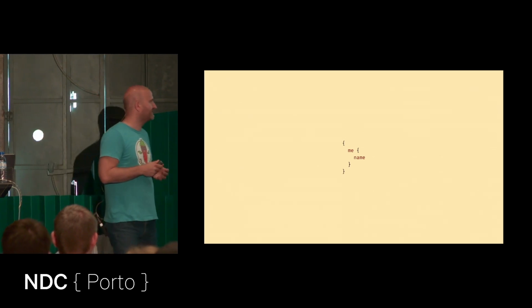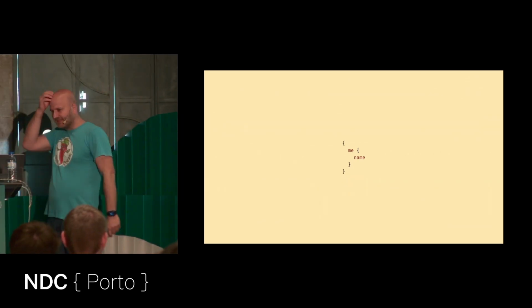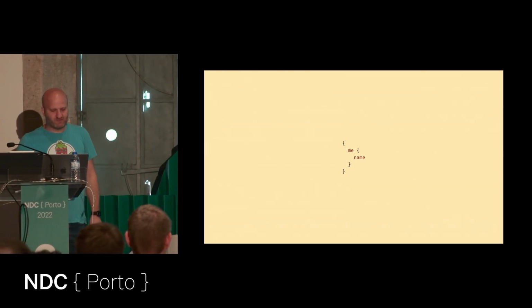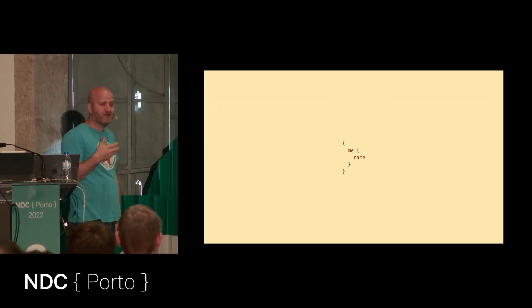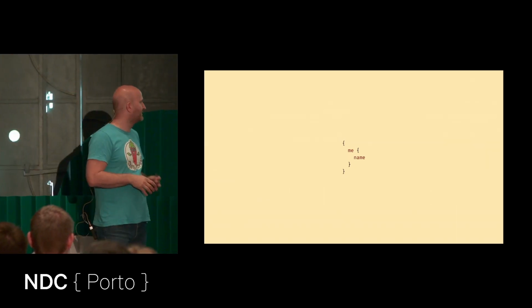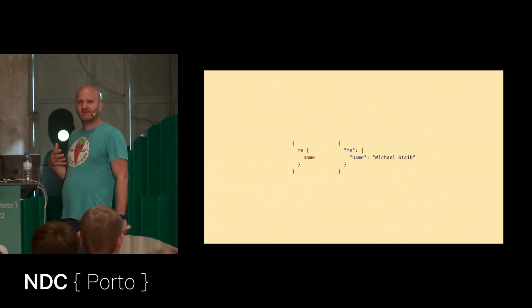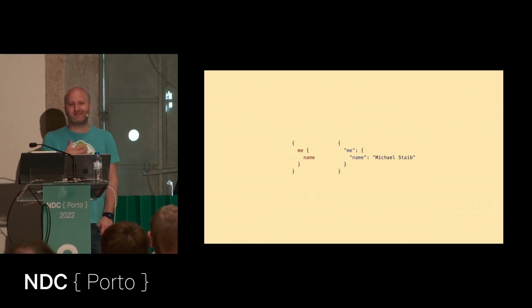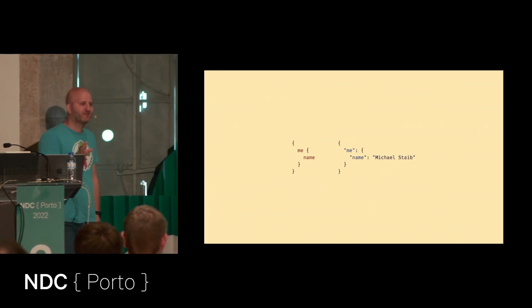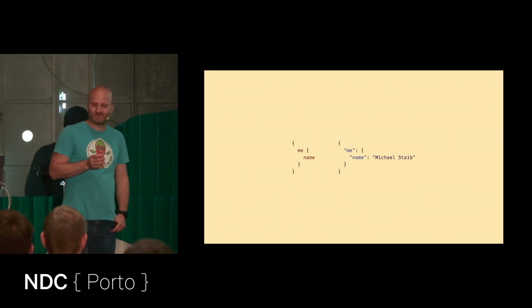I tell people this is the hello world of GraphQL. It essentially asks for the name of the currently signed in user. And if we send something like this to our GraphQL server, we get exactly what we asked for. That's a great thing with GraphQL, right?